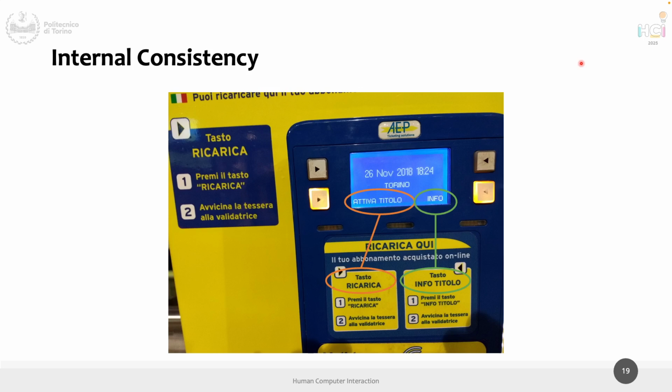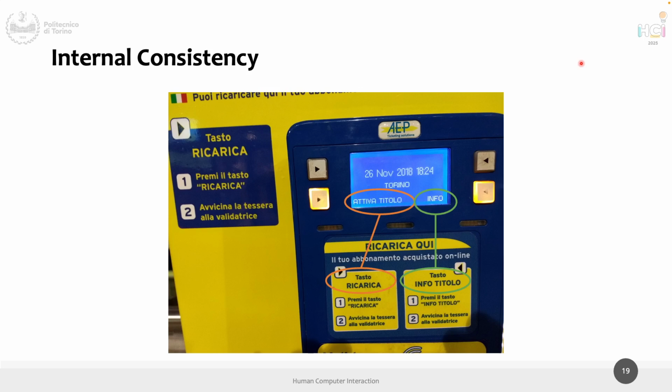What's the problem of consistency here? All the people who speak and read Italian can answer. It's also highlighted. There's no consistency. Well, there is no consistency, of course, but why?